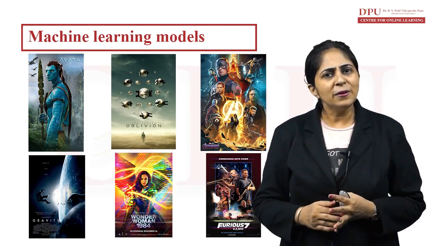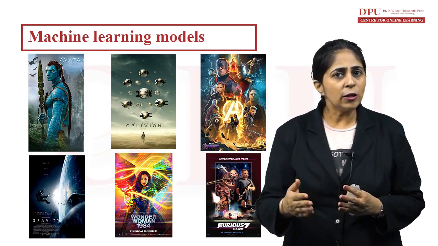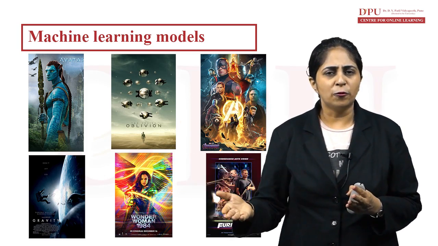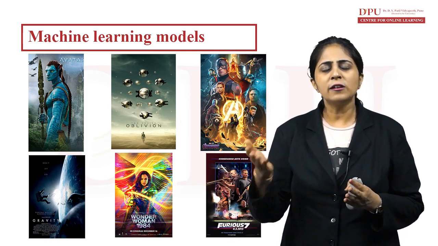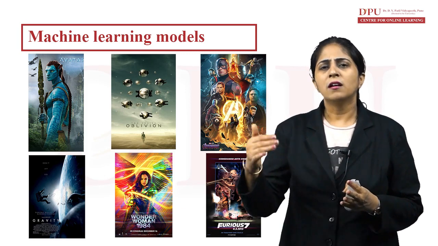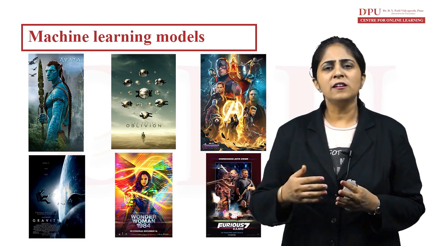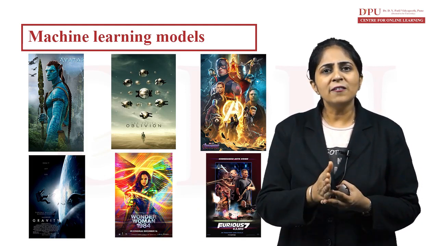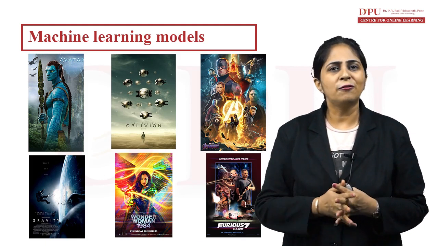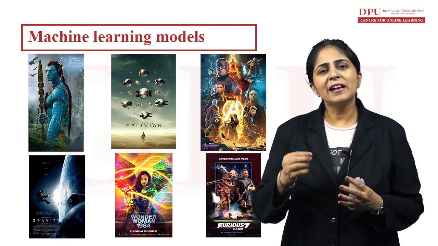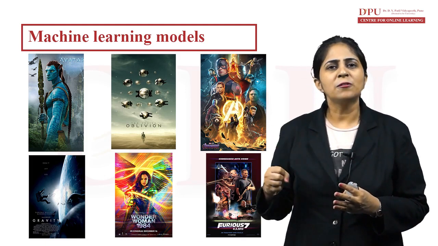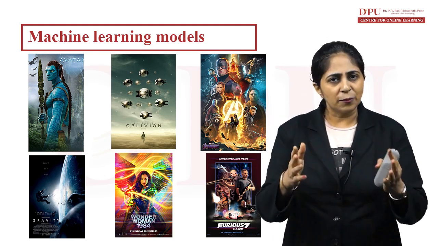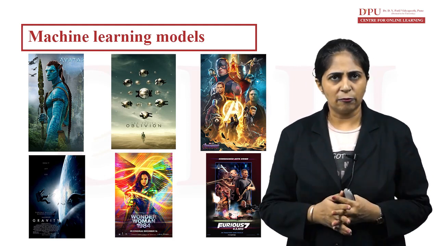While a discriminative model will distinguish between the action movies and other types of movies, like it will distinguish the action movie from the comedy movies, from the horror movies or other sorts of movies. So discriminative means it will distinguish between different types of movies, and in generative, similar types of things will be generated. So that is basically the discriminative model and the generative model.